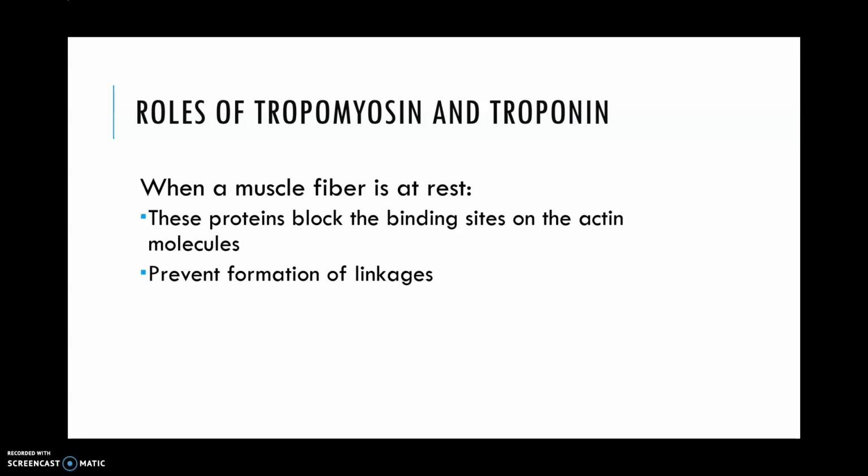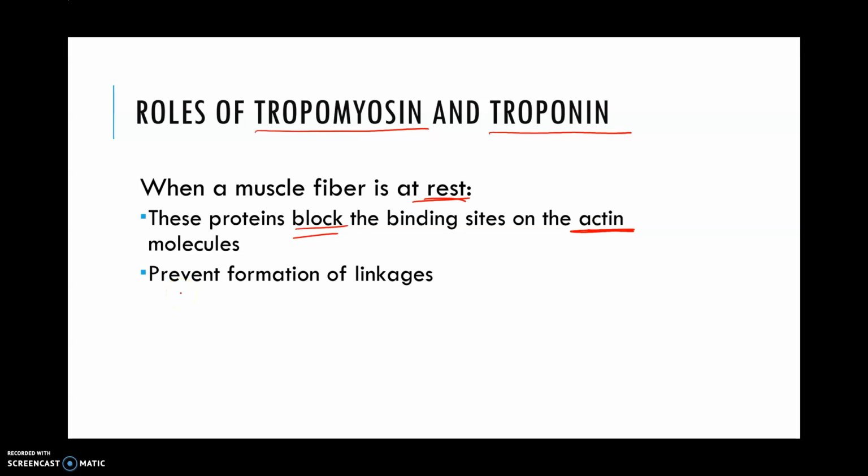So there's also two other proteins here that are going to be really important when it comes to muscle contractions. So when the muscle is at rest, meaning it is not contracting, our proteins called tropomyosin and troponin are going to be blocking the binding sites on our actin molecules.